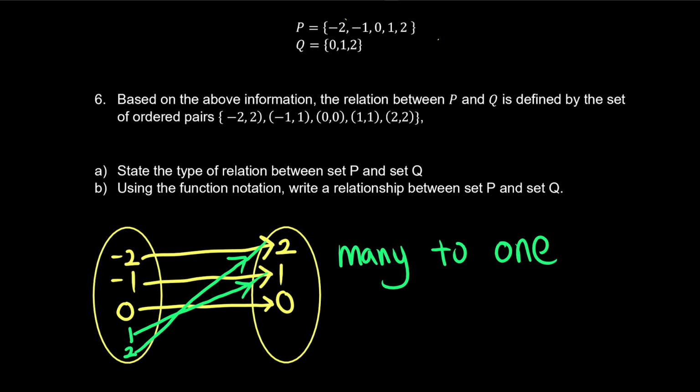We use the modulus function. Whatever we put into our modulus function, it turns out to be a positive number, right? So we're going to make it a positive number by using a modulus function.